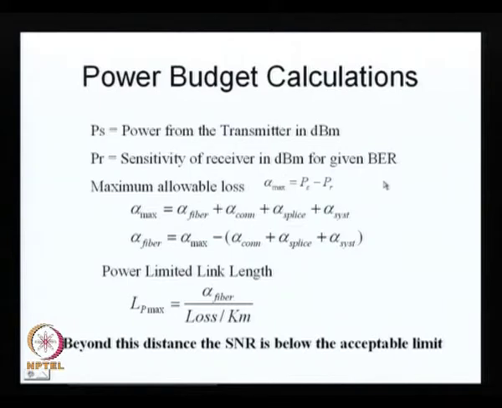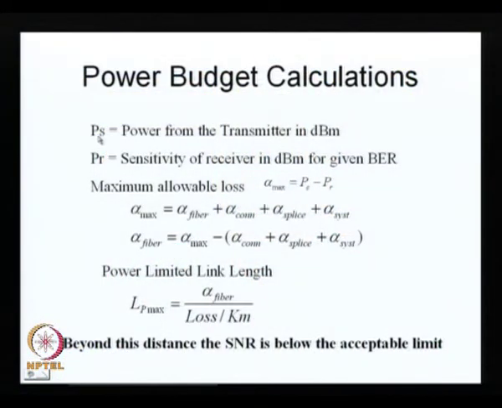So, essentially we have now decided the optical source with certain optical power which it is capable of delivering for that data rate, and we also have now the minimum power which we must receive at the detector, so that the signal to noise ratio is adequate to give the required bit error rate.